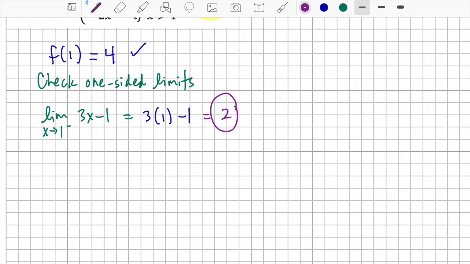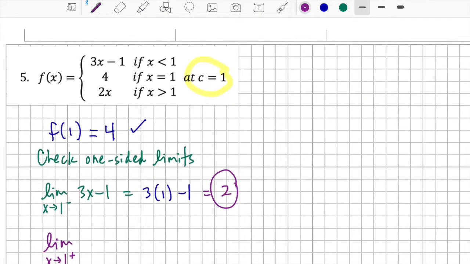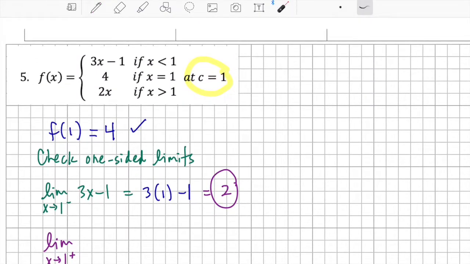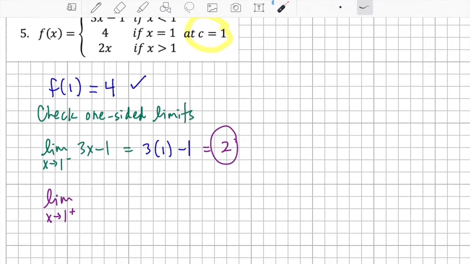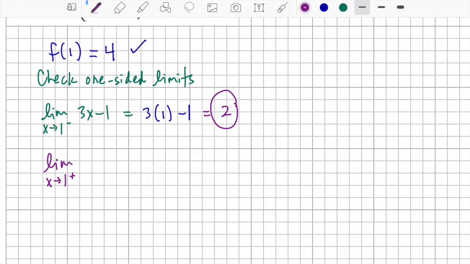Okay, so now let's check the limit as x approaches 1 from the right. From the right means greater than 1. And according to our piecewise function, greater than 1 means we're going to use 2x. So that's the function we're using. So now to find the limit, all you have to do is plug it in.